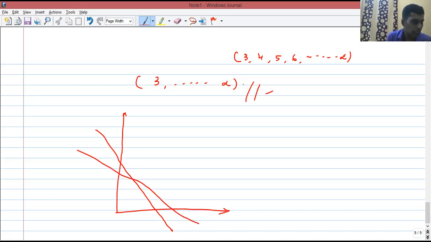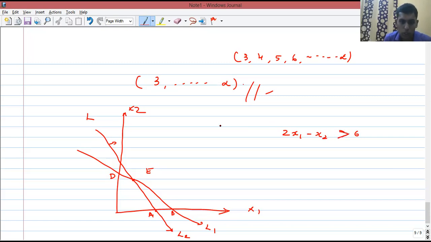This is x2. This is x1. This is L1. This is L2. These points are A, B. This is E, D, and then this line is actually this way, and this line, this L2, if you take the equation, it is 2x1 minus x2 is greater than 6.